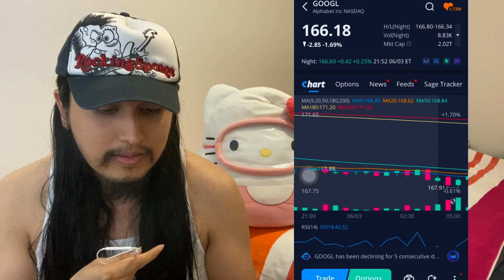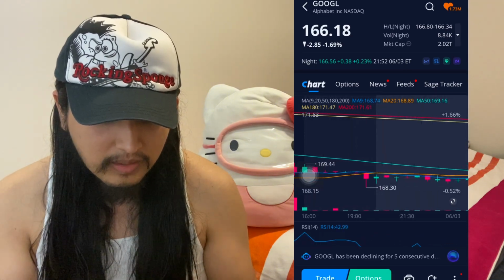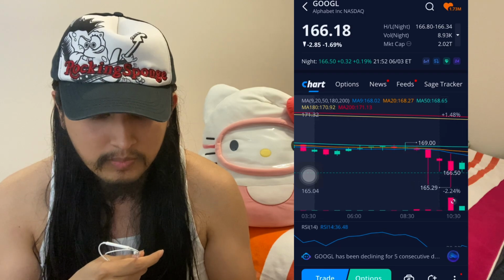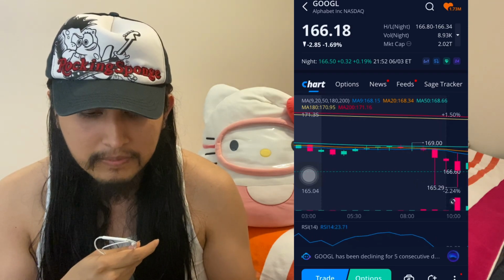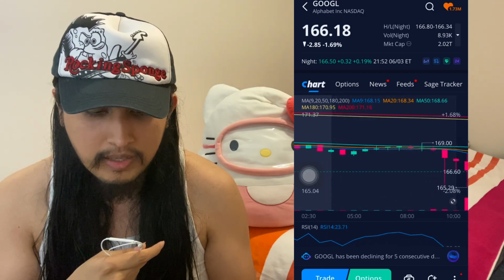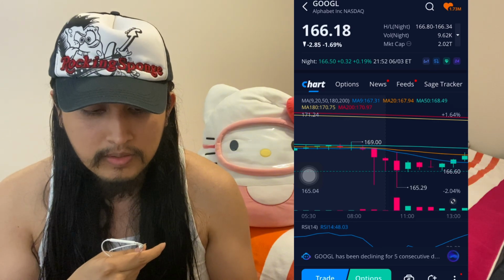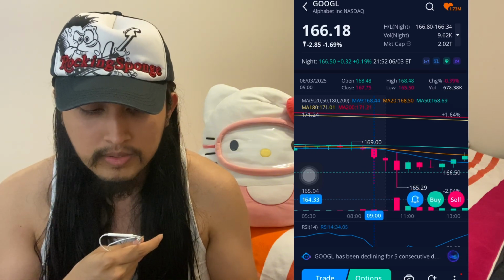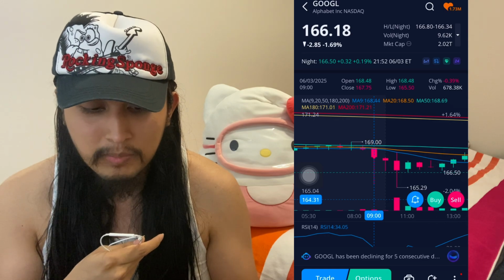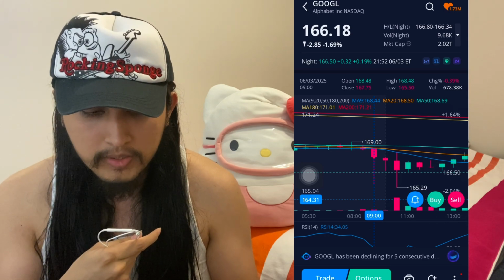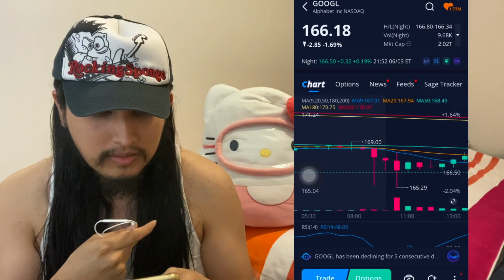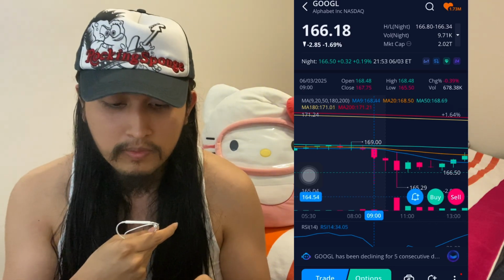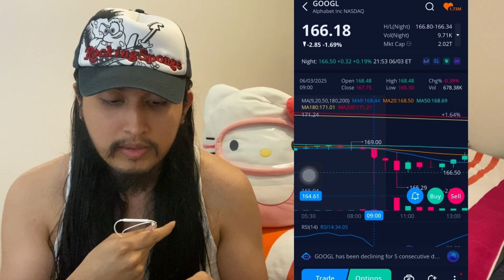In the pre-market, Google was trying its best to break above the 50-day moving average, and it had trouble and just got rejected by it. Then in the pre-market, Google was under the 20 and 9-day moving average. It looks like it tried breaking the 20-day moving average on the 9 candle of the pre-market, and it completely failed.